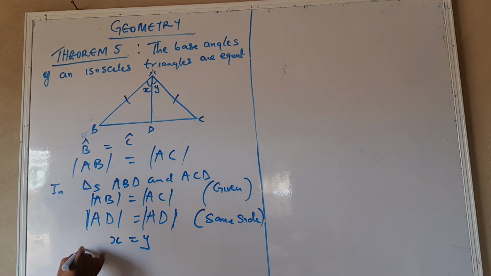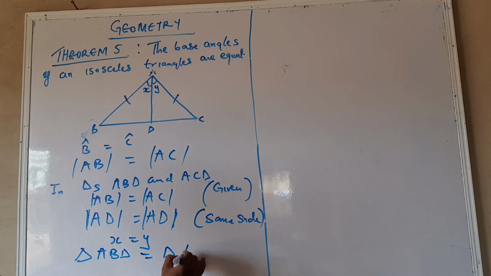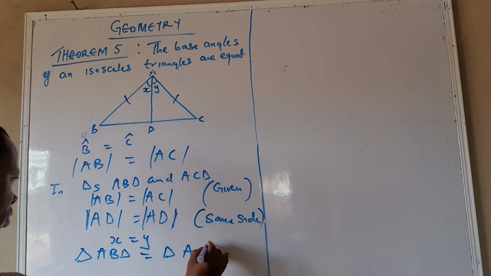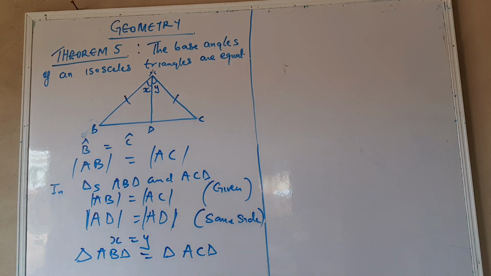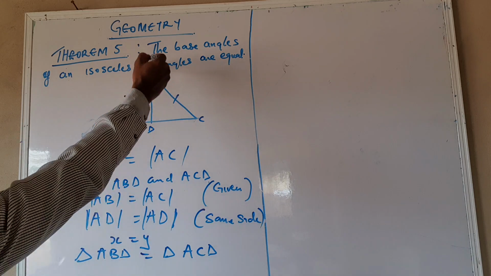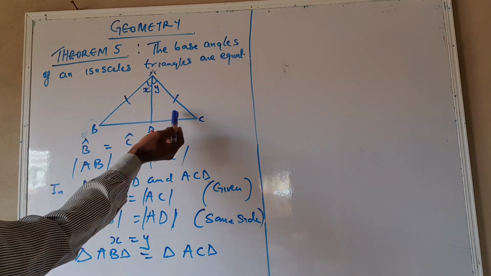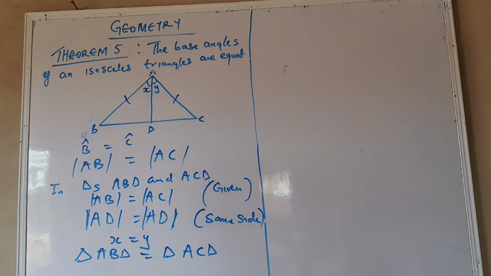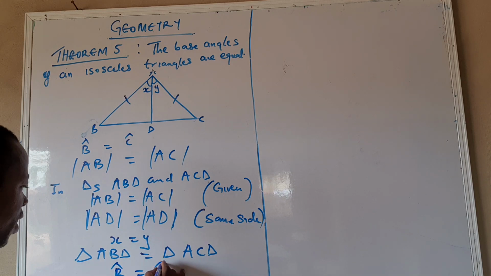The triangle ABD is equal to triangle what? ACD. That is, they are the same triangle; this line has divided them into 2. So ABD is equal to ACD. If that holds, automatically we can say that what? Angle B is equal to angle C.